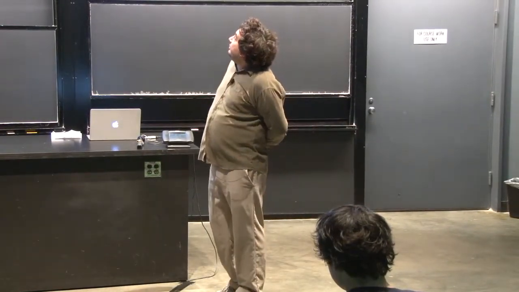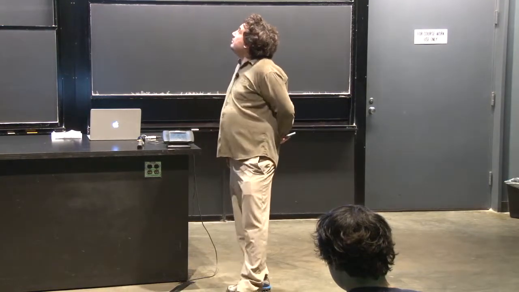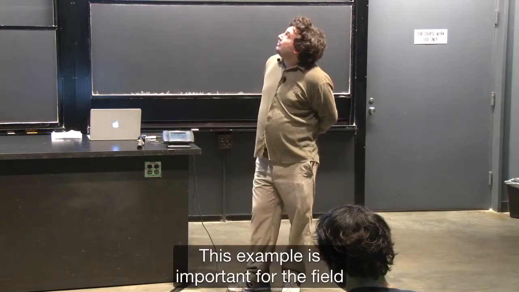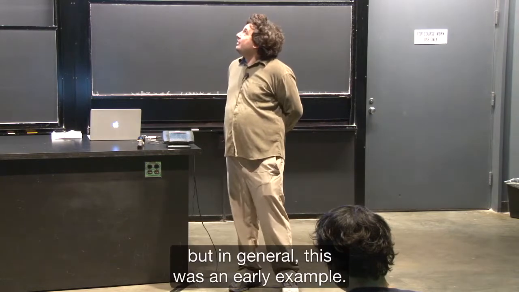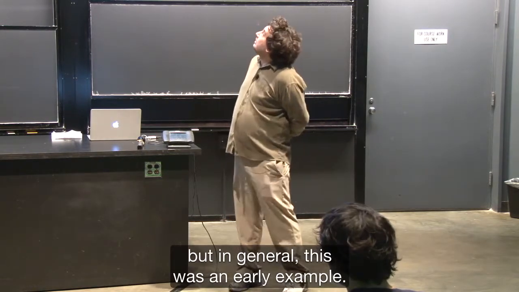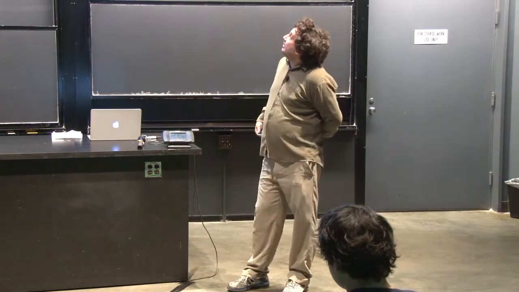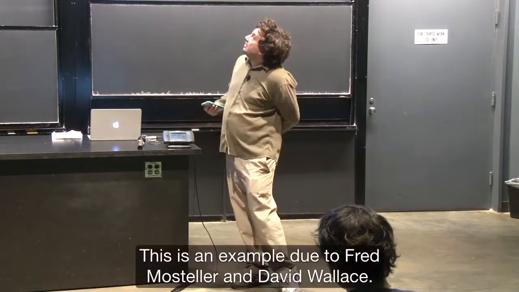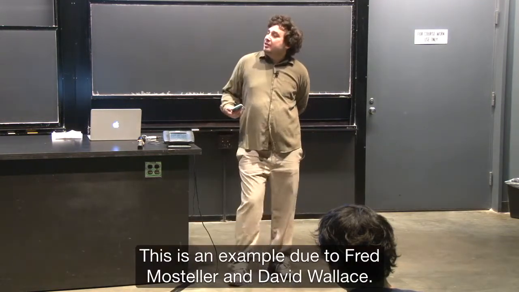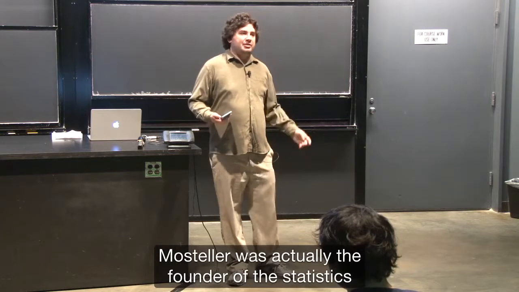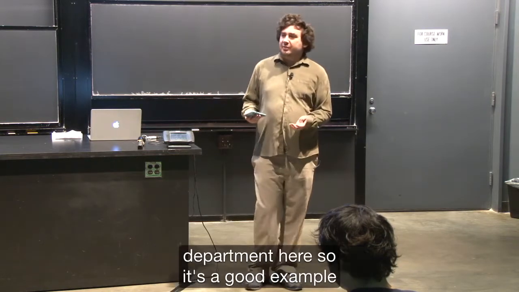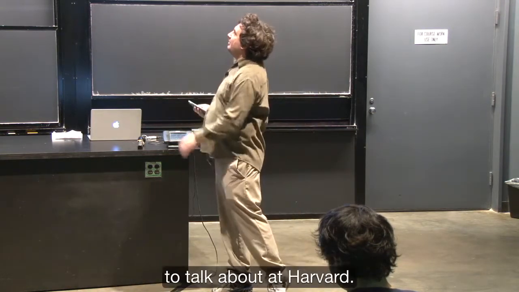And so to start with an example, this example is important for the field in general. This was an early example, and I also like it because it's due to Fred Mosteller and David Wallace. Mosteller was actually the founder of the statistics department here, so it's a good example to talk about at Harvard.